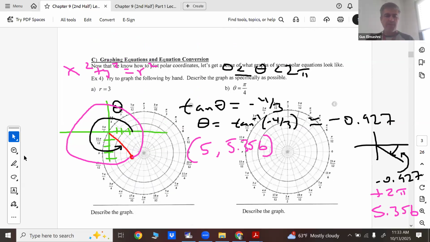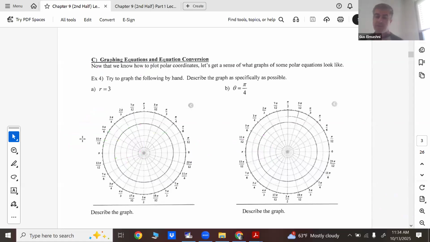All right. So let's talk about more of the stuff. R equals 3, theta equals pi/4. What does that mean? Okay. Well, if R equals 3, then in this case, there's no condition for theta. So theta could be whatever.